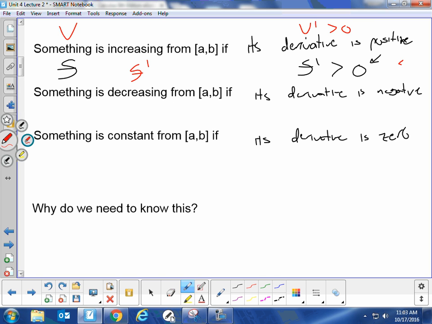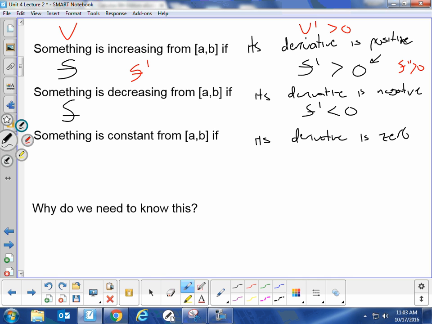I would look at f double prime and see when that's positive, okay? So it's a very important concept to see if something's going up in values. You actually just look at its derivative. If you see if something's going down, well, look at its derivative. If it's negative, it's going down because all the instantaneous rate of change would be negative. So boom, I must be going down, okay?